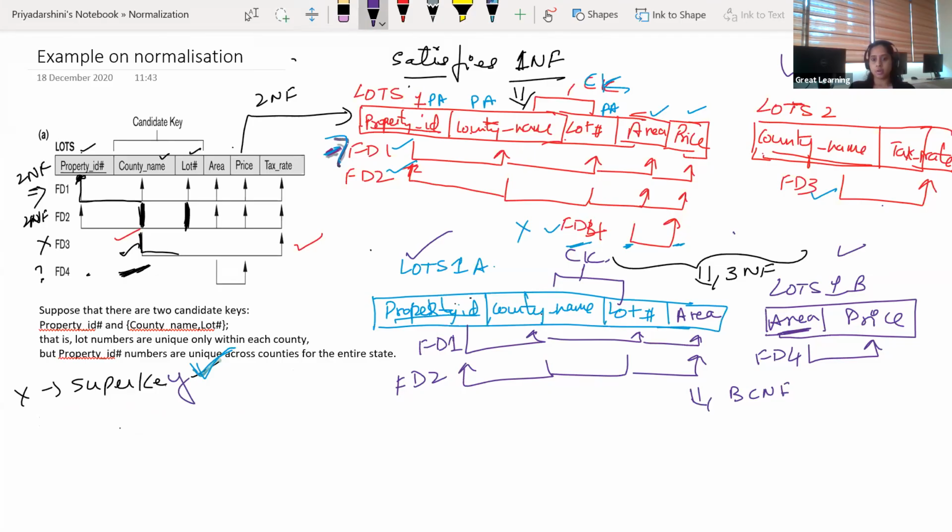Now check it. What is the X here? FD1, property ID. If X is a super key, yes, correct. FD2, county name and lot number is actually a candidate key. Yes, it is a super key. FD2 is also in BCNF. FD3, county name is a super key. X side, yeah, it is in BCNF. FD4, area is a primary key. It is a super key. Yeah, everything is in BCNF.